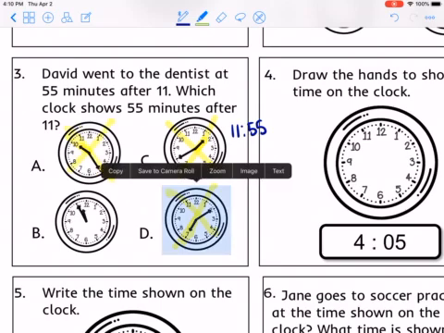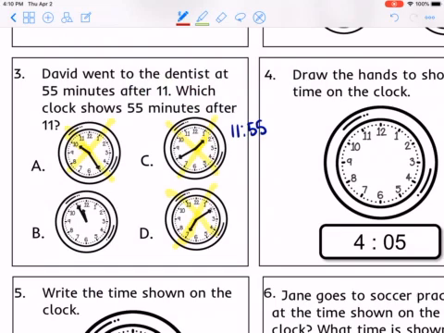So let's look here. There's, between the 11 and the 12, so that's good. And then the minute hand, 5, 10, 15, 20, 25, 30, 35, 40, 45, 50, 55. So that's going to be 11:55.